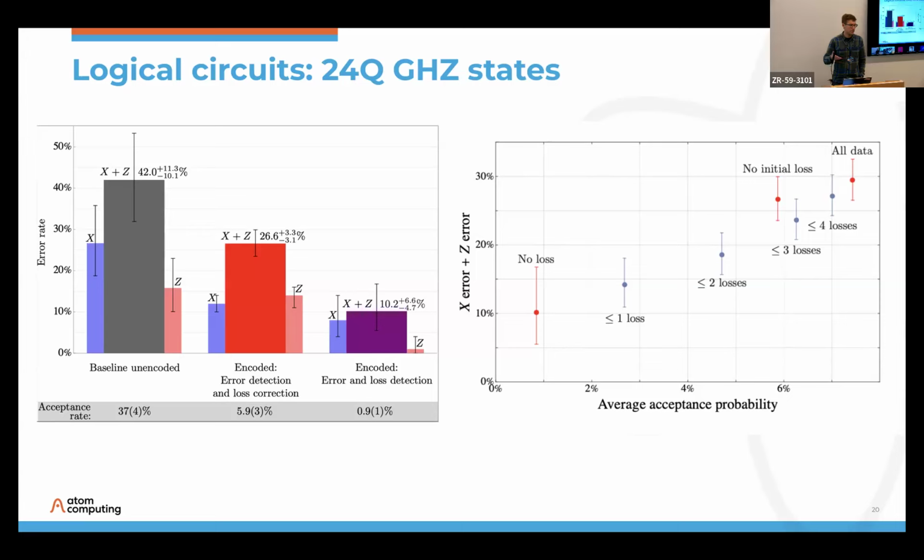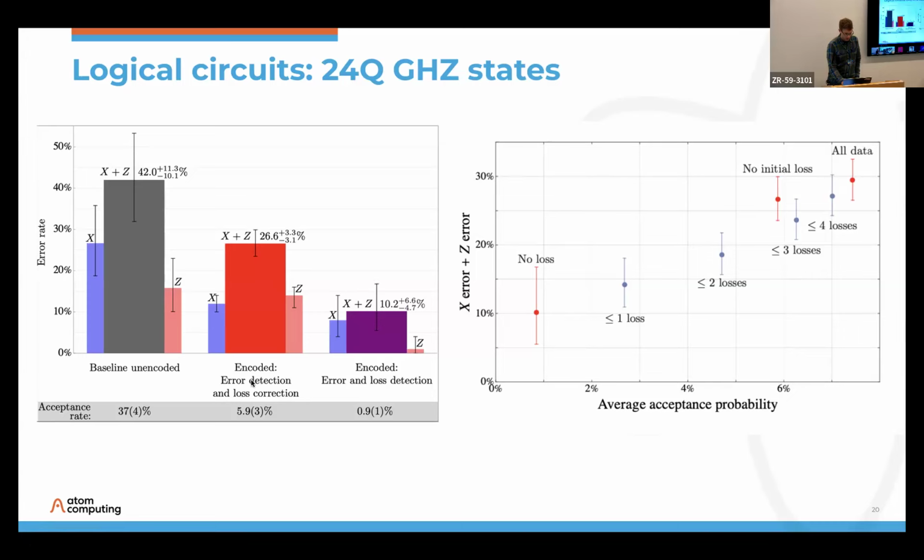Otherwise, there's no other single state that can give rise to those statistics other than one that's genuinely entangled between all qubits. So when we say unencoded, it means we just ran the circuit on physical qubits with no 422 codes, no error correction or anything. We got these error rates, the sum of which was 42%.